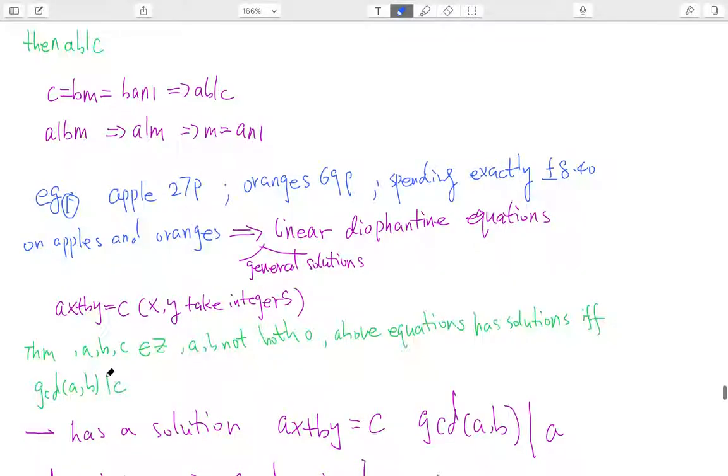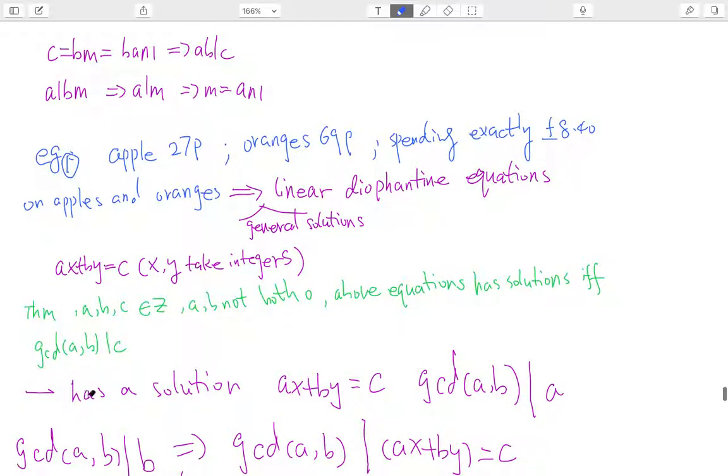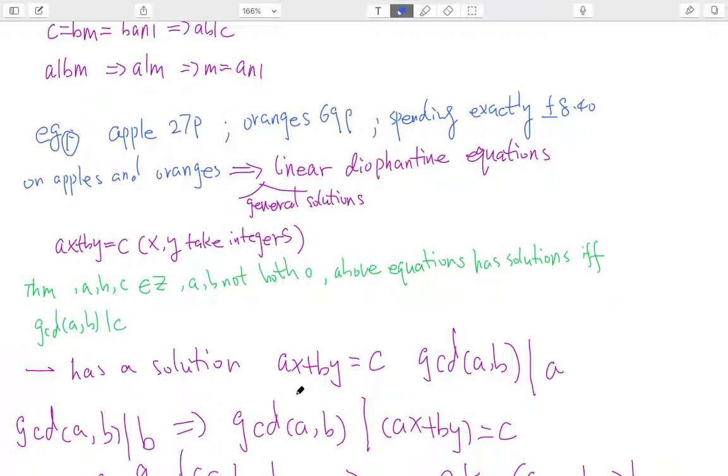Nothing to worry about. From left to right, if such an equation has a solution, ax plus by is equal to c, that is a linear combination of a and b. And for the greatest common divisor of a and b, if it divides a and divides b simultaneously, then it divides the linear combination ax plus by.